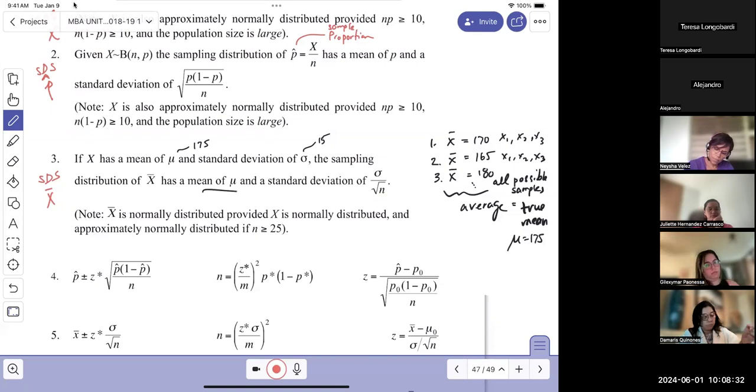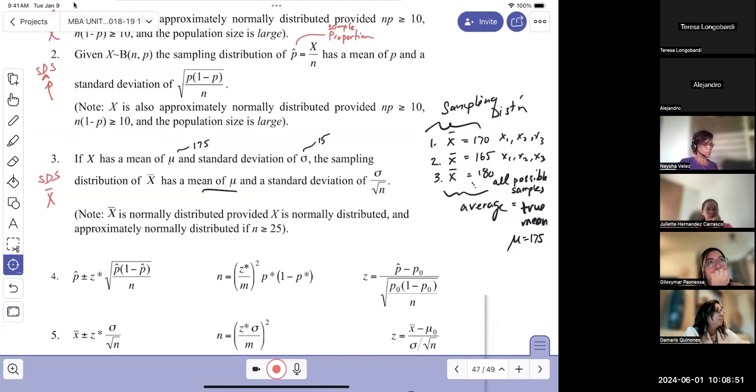Okay, so if you have a distribution of a variable x, the sampling distribution of x, so what I've created here is a sampling distribution by repeatedly sampling. The average of all of these should be the true one, if I do consider all possible samples.